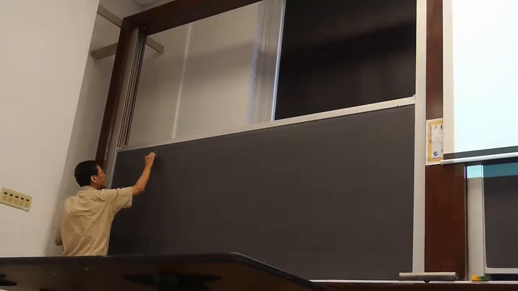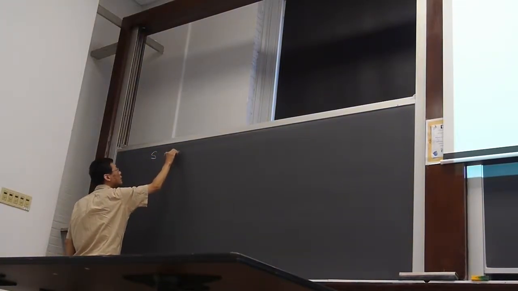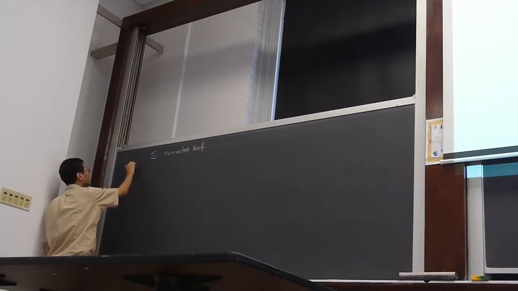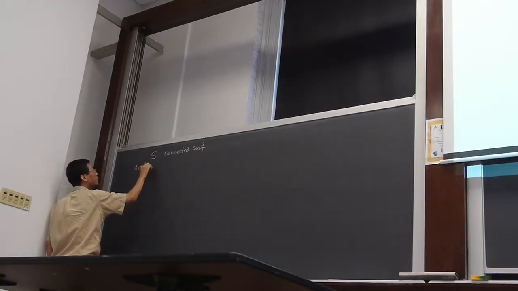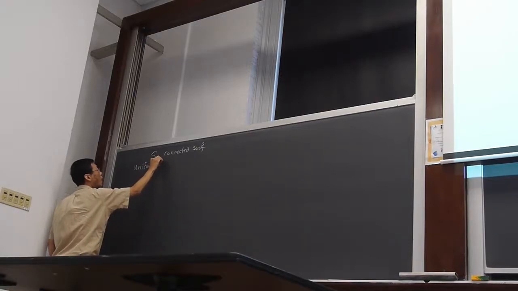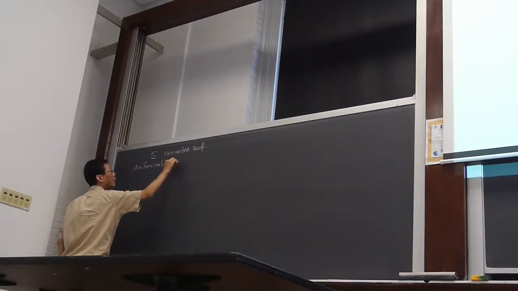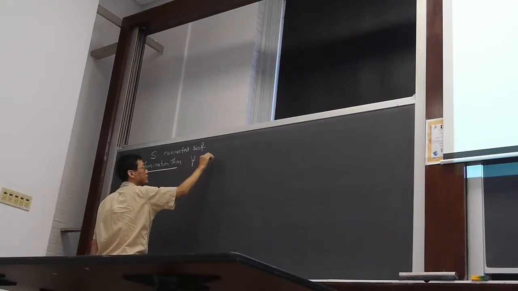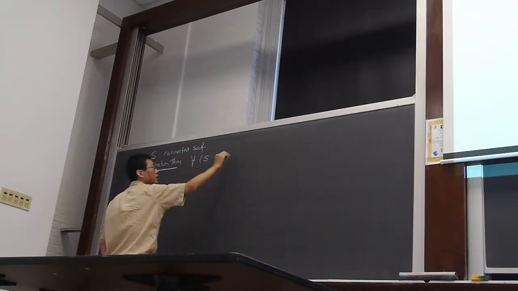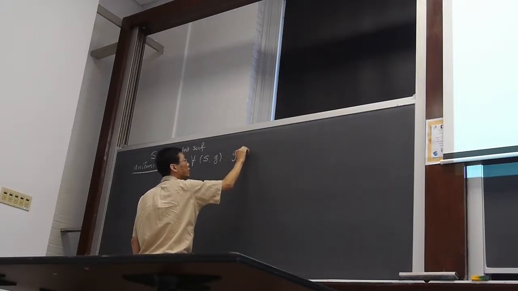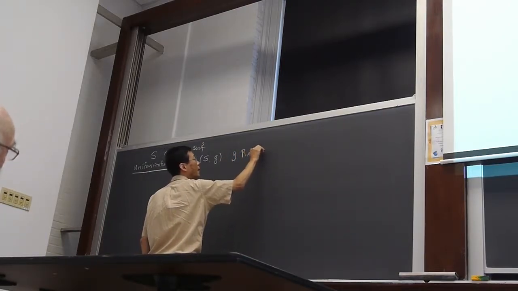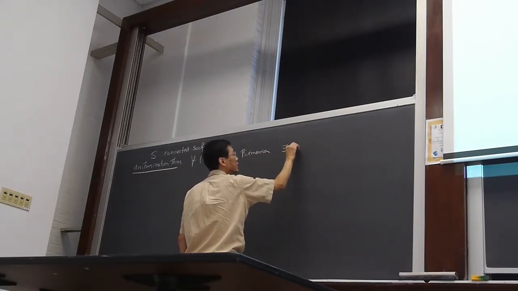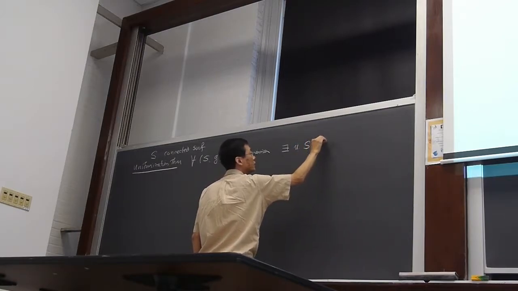So S is going to be a connected surface. And the uniformization theorem says that for any Riemann surface, take a surface and the Riemannian metric, you can find a function on the surface.